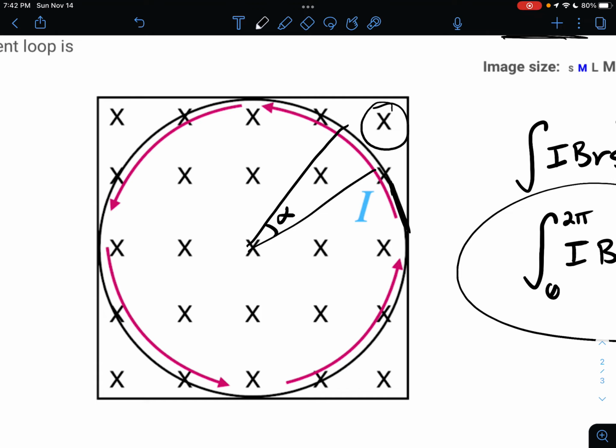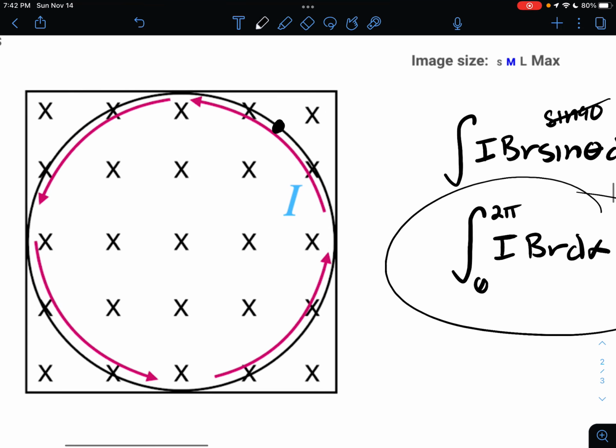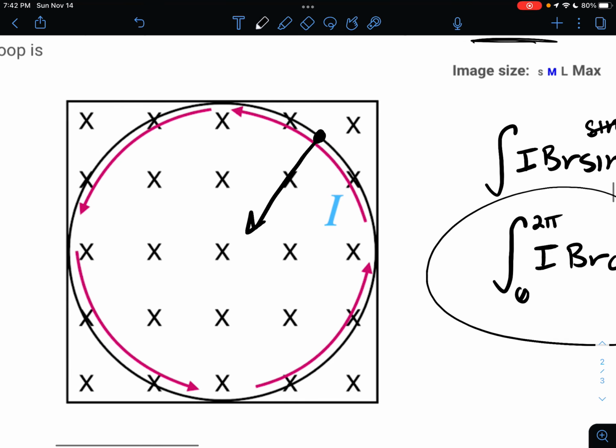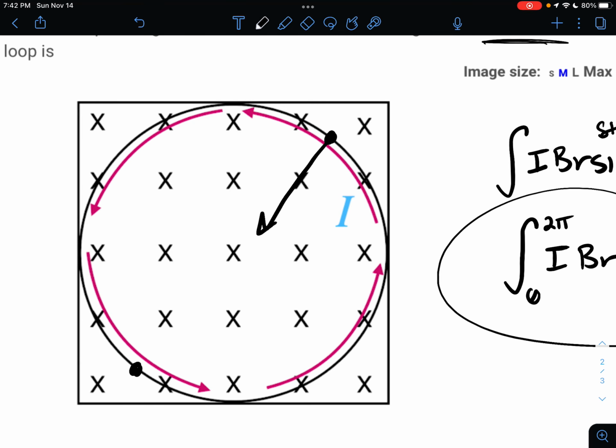But we have magnitude and direction in our example. If we're over at this point, our magnetic force is going to be in this direction, hypothetically. If we're over here, it's going to be in this direction. As we go all the way around at all these different points, there's always an opposite one acting opposite.